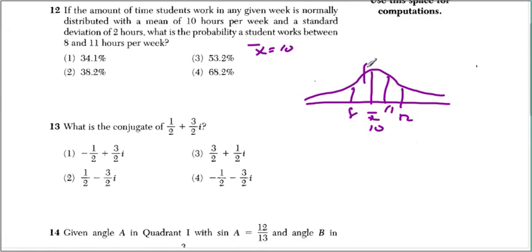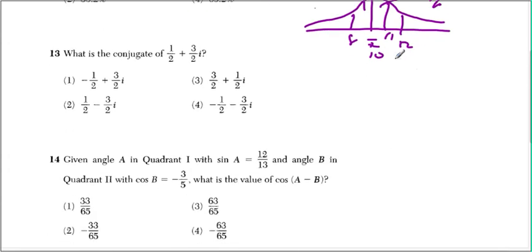That means that this area is, according to our chart, 34.1. This area is 19.1, so that gives us 53.2, I should say, percent. Conjugate, switch the middle sign, choice 2.